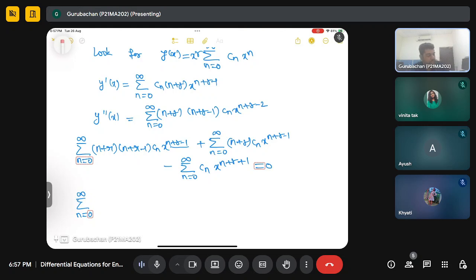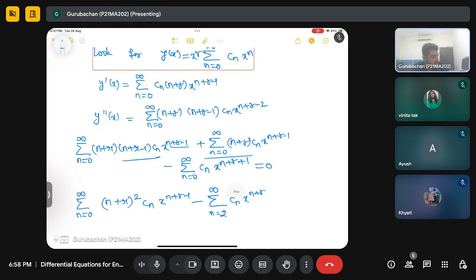Since this series starts from minus 1, we may avoid that step and directly conclude that we are adding (n plus r)(n plus r minus 1) and (n plus r), and you will get (n plus r) whole square Cn x to the power n plus r minus 1. Then try to make the last one n plus r minus 1, so we put n as n minus 2. The series will start from n equal to 2 to infinity, minus Cn minus 2 x to the power n plus r minus 1, equal to 0.